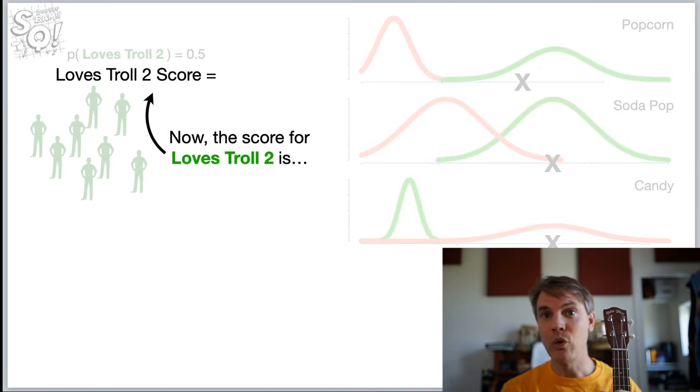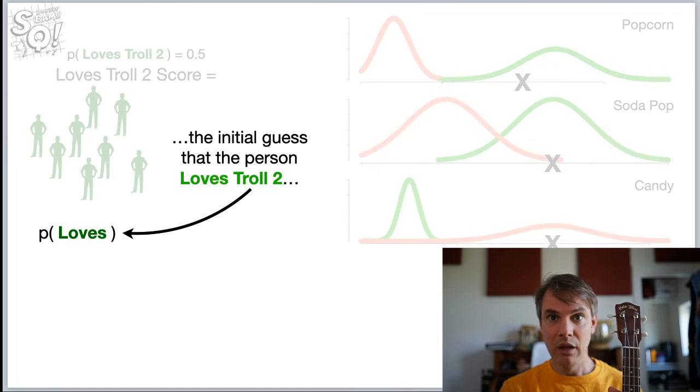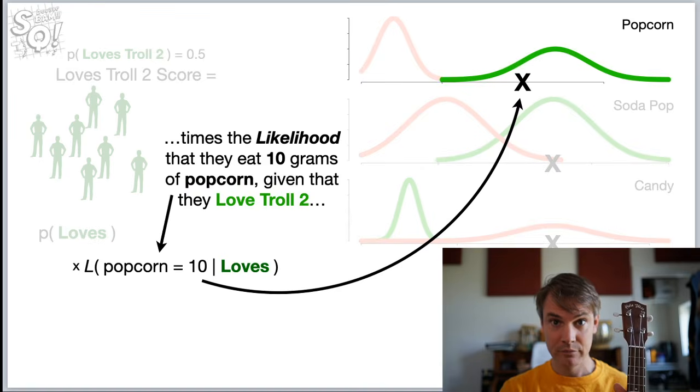Now, the score for loves Troll 2 is the initial guess that the person loves Troll 2 times the likelihood that they eat 10 grams of popcorn given that they love Troll 2. And right now we're just assuming that they love Troll 2. We don't actually know yet. We're just assuming that if they loved Troll 2, we're going to calculate the likelihood that they will eat 10 grams of popcorn.